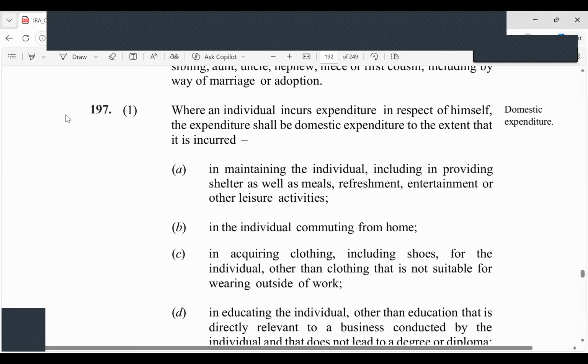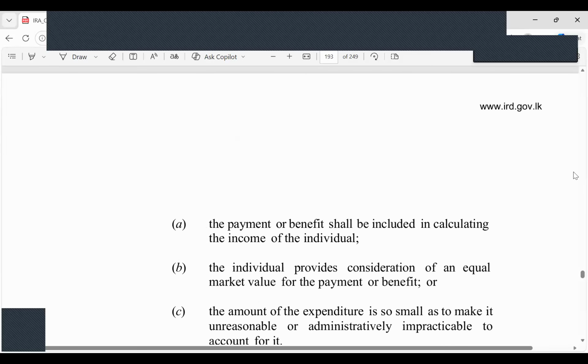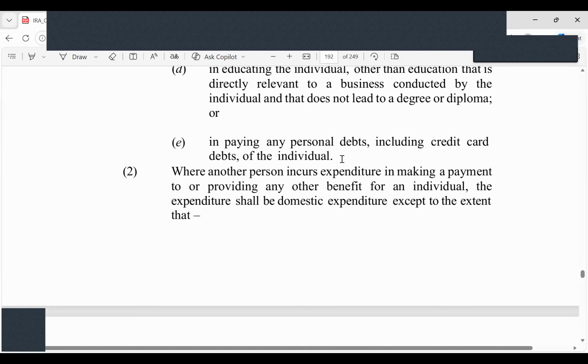Then section 197, we call it domestic expenditure. So it has sub-items. Section 197, subsection 1, says expenditure incurred in respect of himself. Then subsection 2 says another person incurs expenditure in respect of an individual.